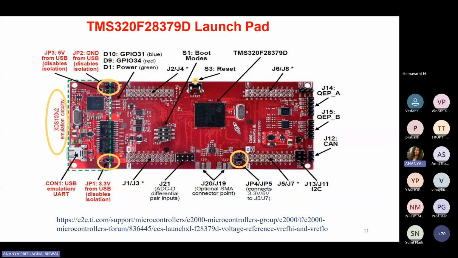JP3 connects from USB, which is used to disable isolation, and JP2, that is ground from USB, also does the same function. And this S1 is for boot modes. This is the main chip, that is the 379D. This is J14, J15, J12.